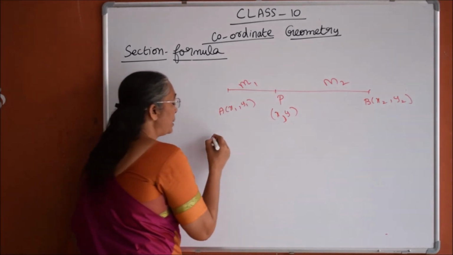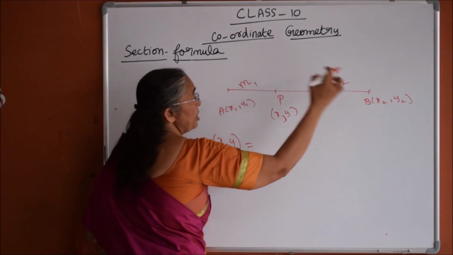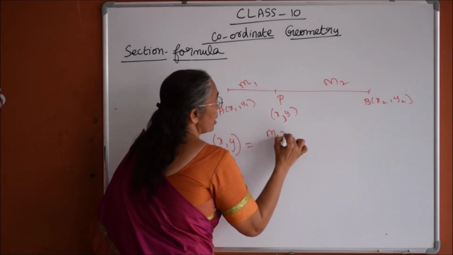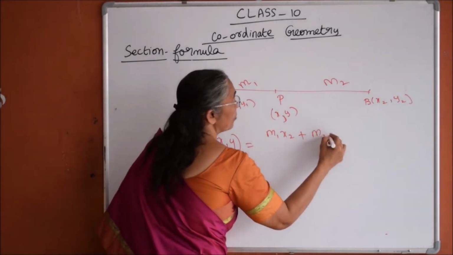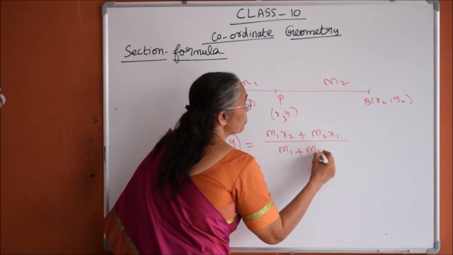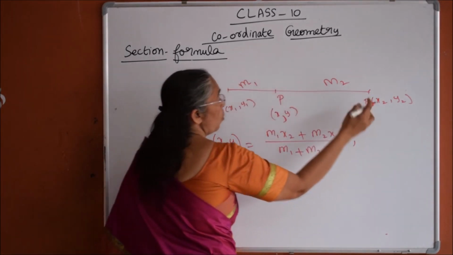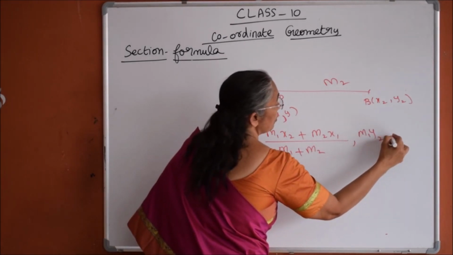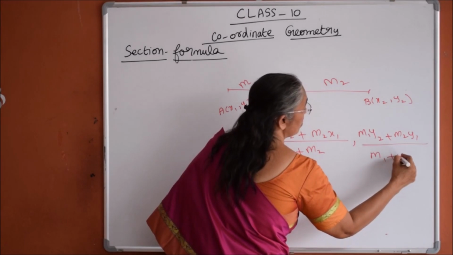So the point P (x, y) is given by x = (m1 x2 plus m2 x1) divided by (m1 plus m2), this is the x coordinate, comma, y = (m1 y2 plus m2 y1) divided by (m1 plus m2).